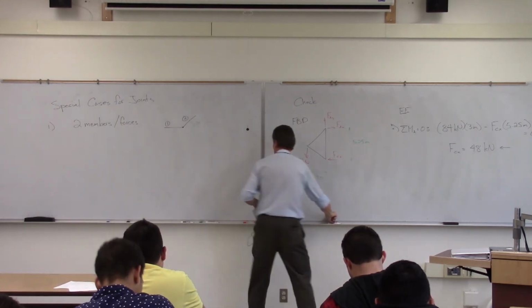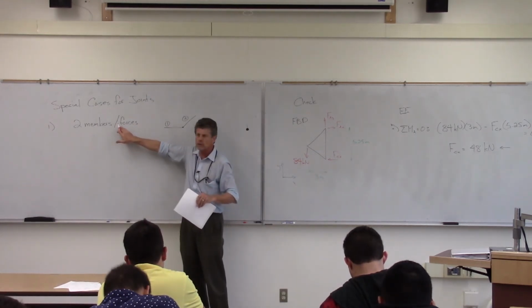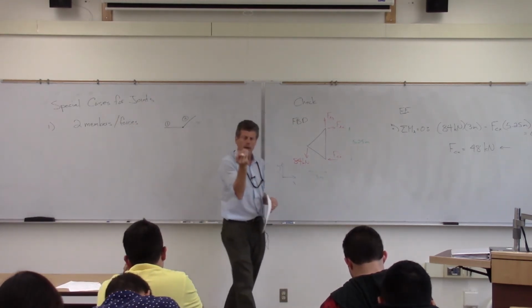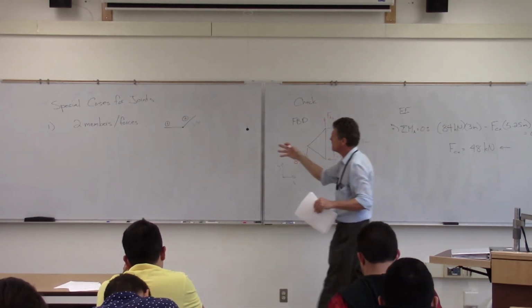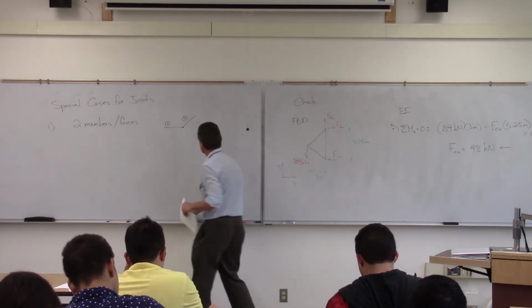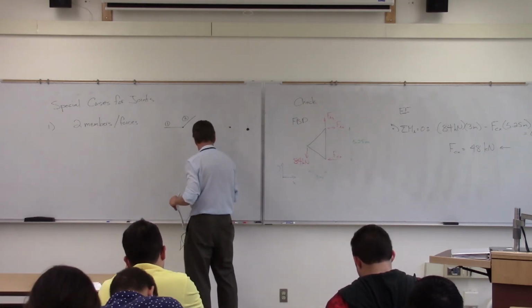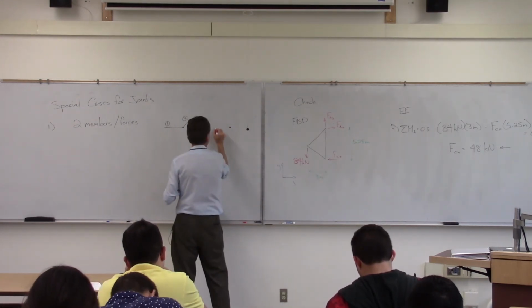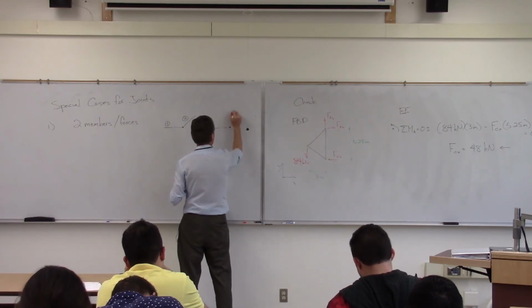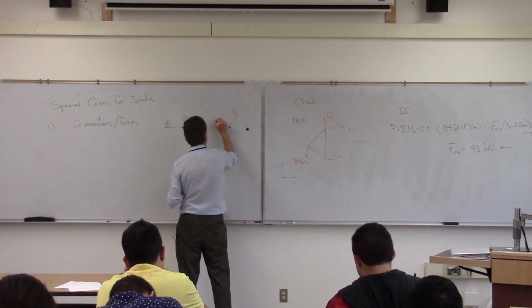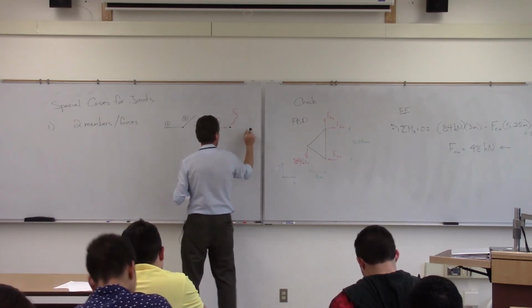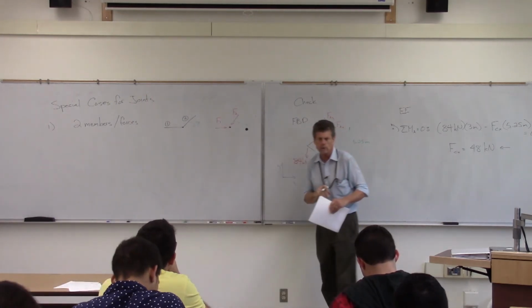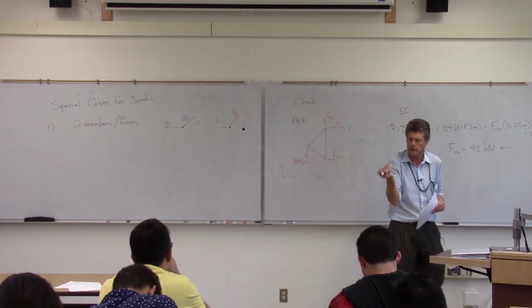Now, I mentioned here that I've got two members / forces. Again, the way to think about these special cases is think about these members acting on a joint. This is what it looks like. This is my free body diagram of that particular joint.